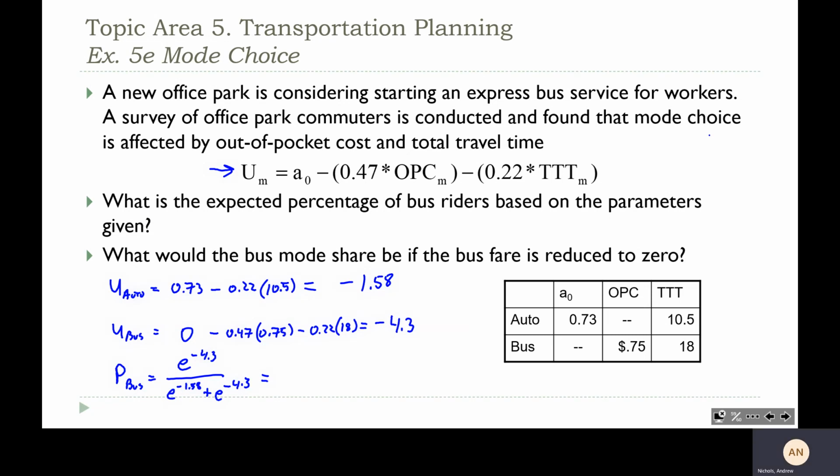This will be a good opportunity to make sure you know how to use the exponential button on your Casio calculator. And if you get something greater than 1 or less than 0, then you've made a mistake, because this is just a proportion.